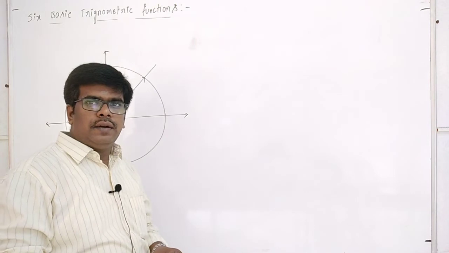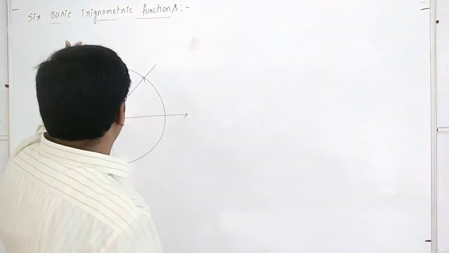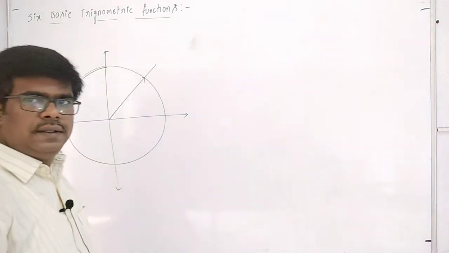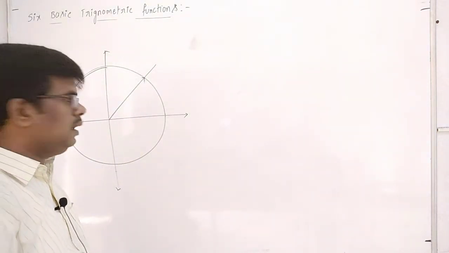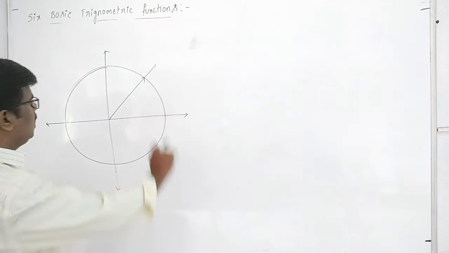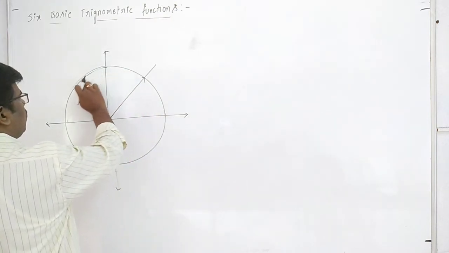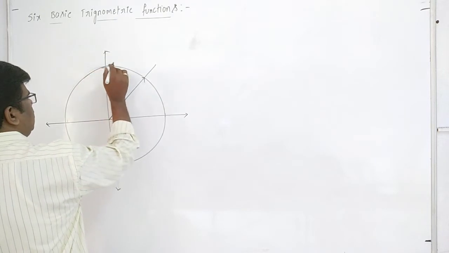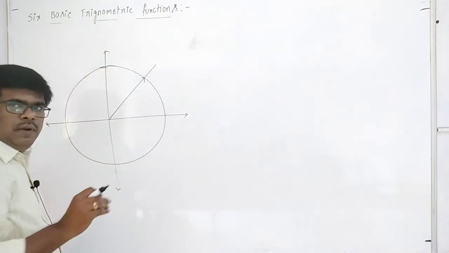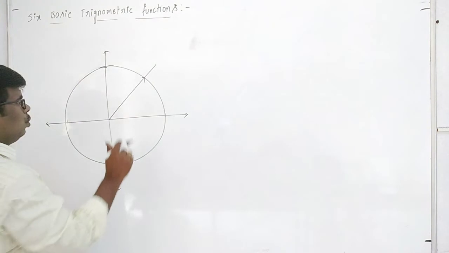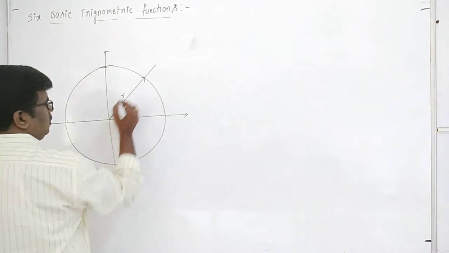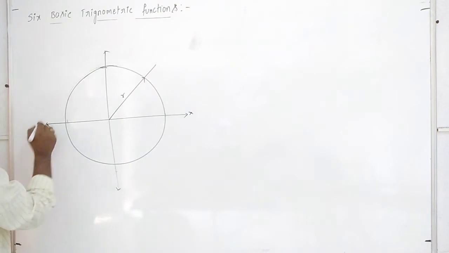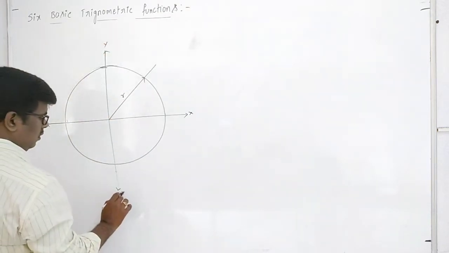Next we are going to discuss the 6 basic trigonometric functions. Now here we took a coordinate system, and in this we took a circle whose radius is r, with the positive x-axis, negative x-axis, positive y-axis and negative y-axis.